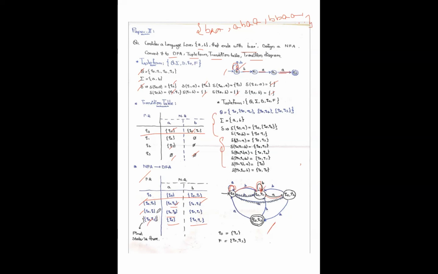Then Q naught Q2 on input symbol A moves to Q naught Q3. Q naught Q2 on input symbol B moves to Q naught Q1. Q naught Q3 on input symbol A moves to Q naught. Q naught Q3 on input symbol B, there is a path to Q naught Q1.